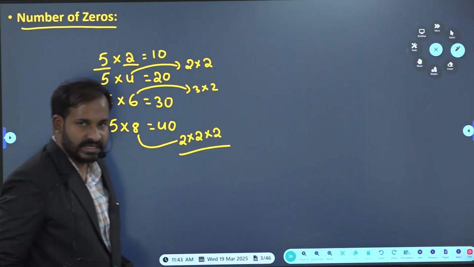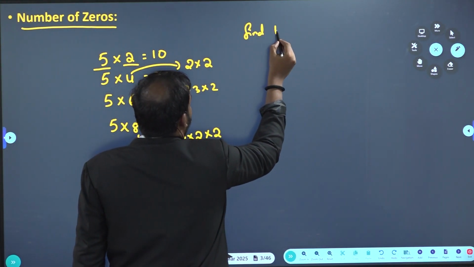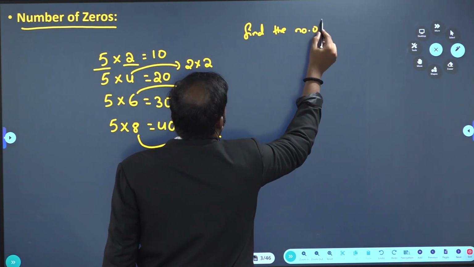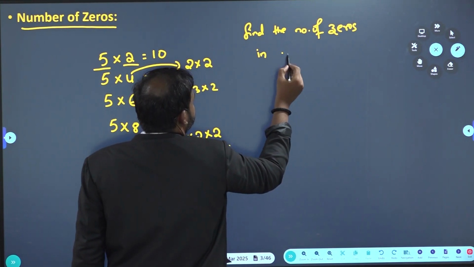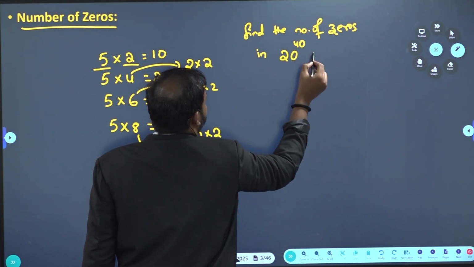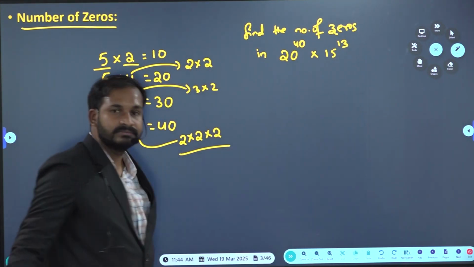For example, there are two numbers. Find the number of zeros in 20 power 40 into 15 power 13. This is my question.